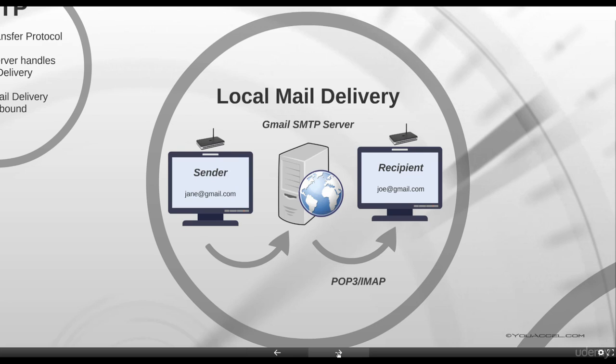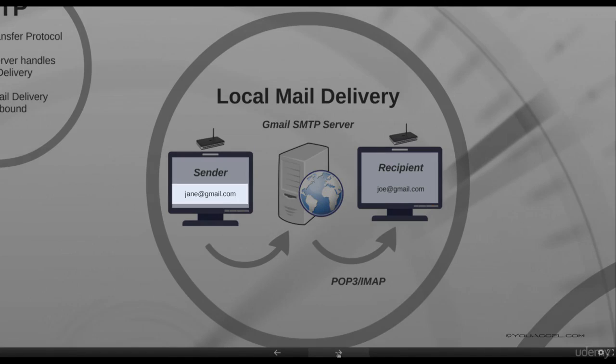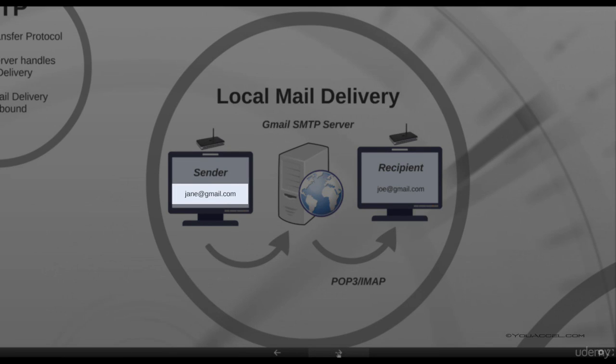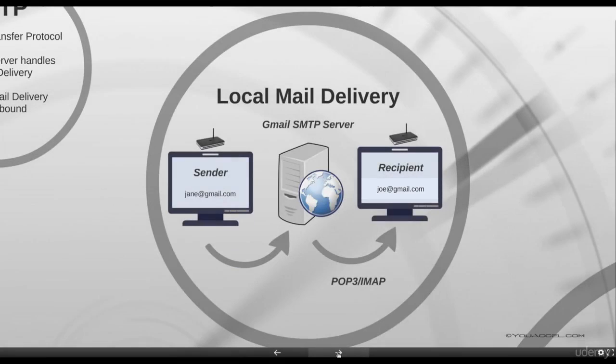The SMTP server would determine this email is intended for local mail delivery because the originating email domain, Jane@gmail.com, is the same as the recipient, Joe@gmail.com. This is done by separating the first part of the email from the email extension and comparing the results. The SMTP server would easily determine that they are both Gmail accounts.